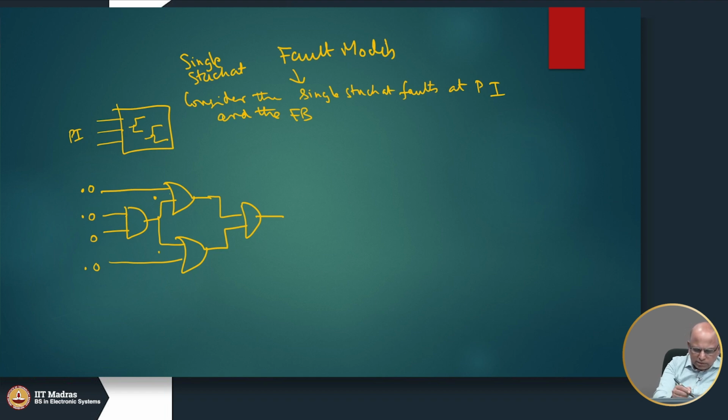So, label these. I think we had called this E and F and G, and this was called H. So, H1 and H2.